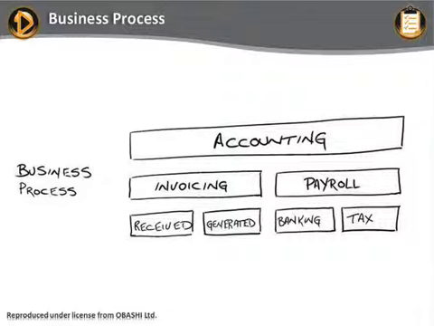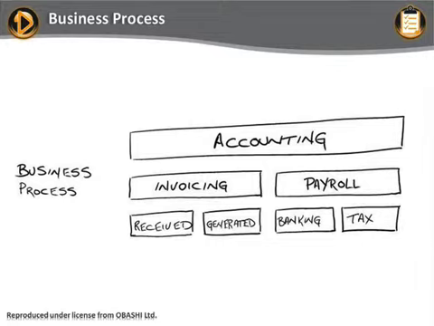The business process elements on the bit diagram can be high-level processes or low-level tasks. A number of business process elements can be placed in a hierarchy, for example, to show how a high-level process is made up of lower-level processes. You can see an example here. The accounting process includes invoicing and payroll, and invoicing includes invoices received and generated.